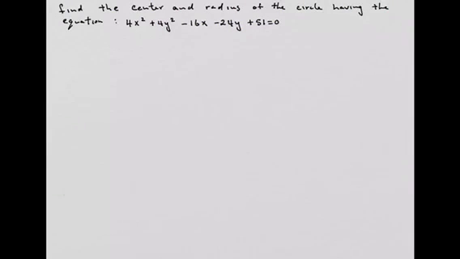If we're looking to find the center and the radius, then we should try to write it in the form of x minus h squared plus y minus k squared is equal to r squared, since it's a circle. So what we're going to do is write this in the form 4x squared minus 16x plus 4y squared minus 24y is equal to negative 51.